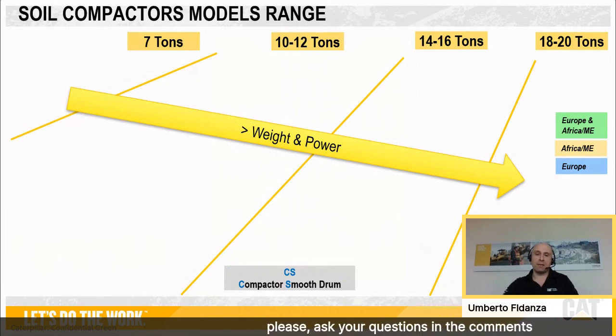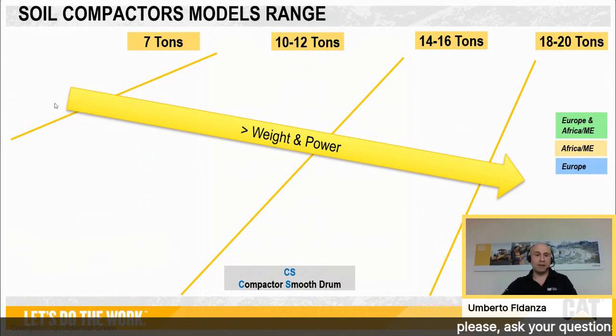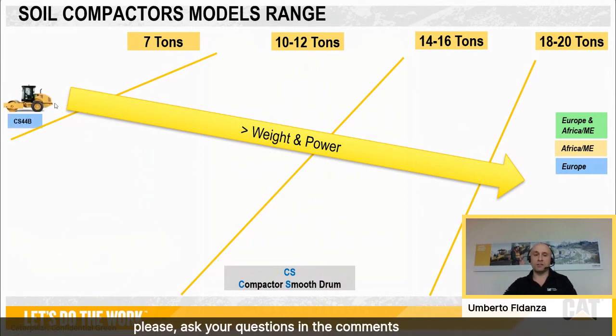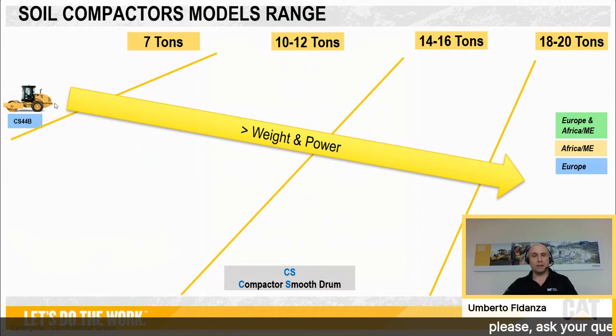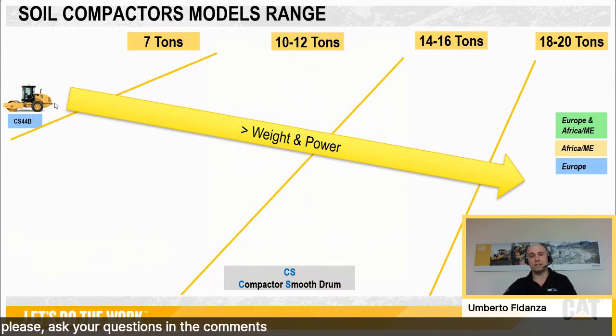We have compactors that range from 7 tons to 20 tons. On the left, the lightest one, 7 tons, for smallest jobs. As the layer thickness to compact increases, and also the size of the stones in the aggregates to compact increases, you need higher weight, higher power.